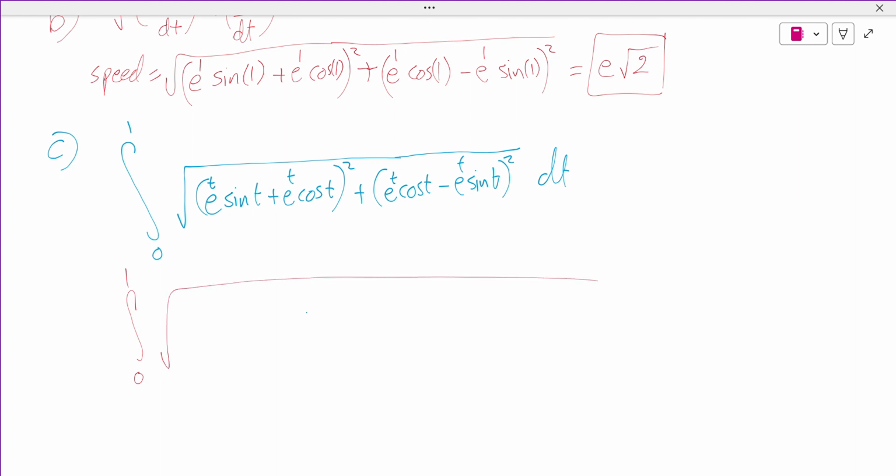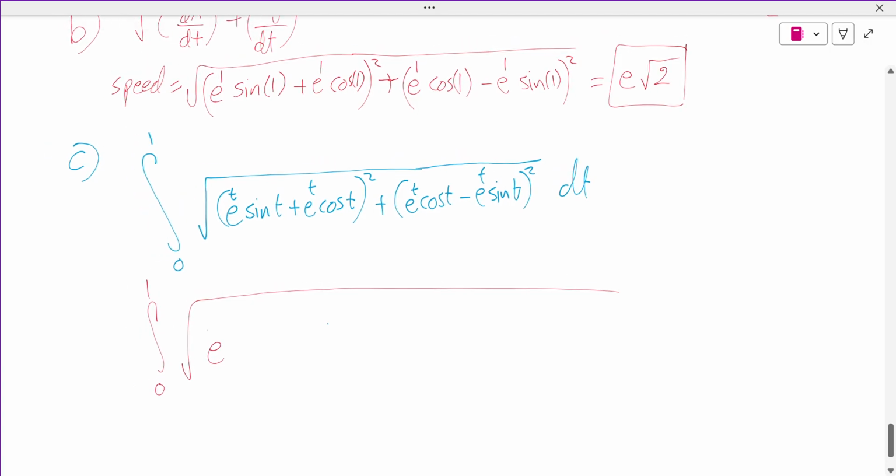The first bracket will be e to the power of 2t sine squared of t plus 2e to the power of 2t sine of t cos of t plus e to the power of 2t cos squared of t.